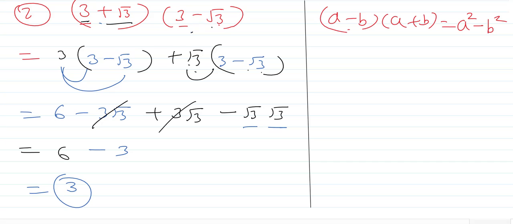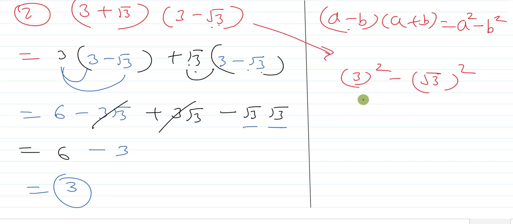Just changes are only in sign, right? So I can write directly first term square minus second term square. 3 square will be 9 minus root 3 square will be 3. So answer is 6. But here we can see the answer is 3.